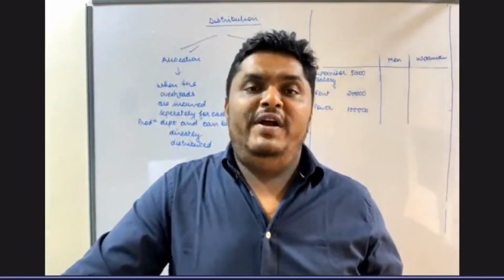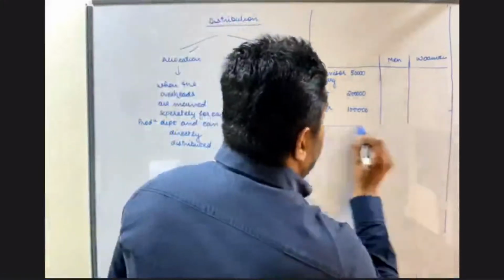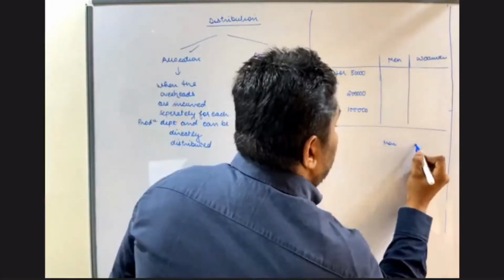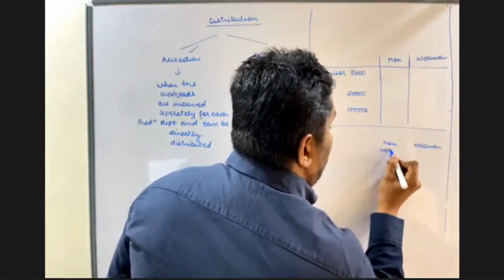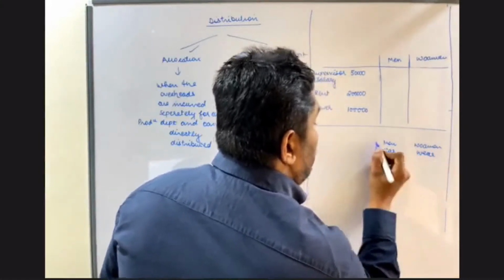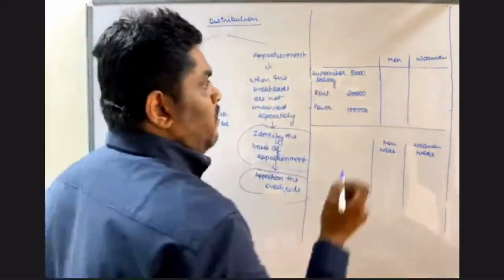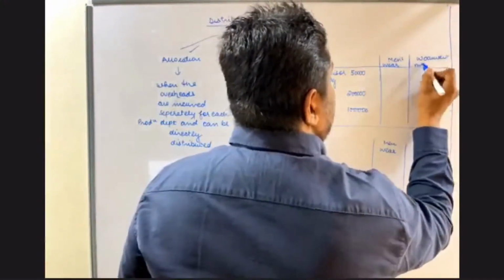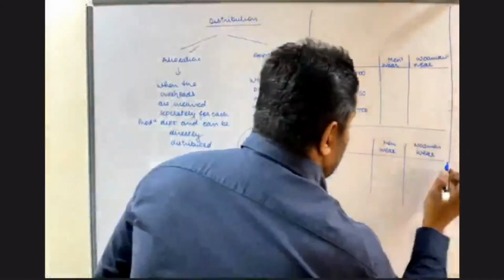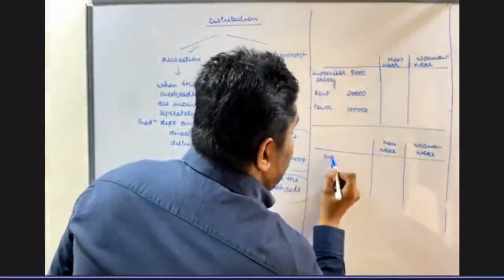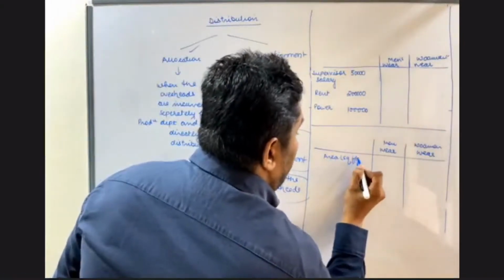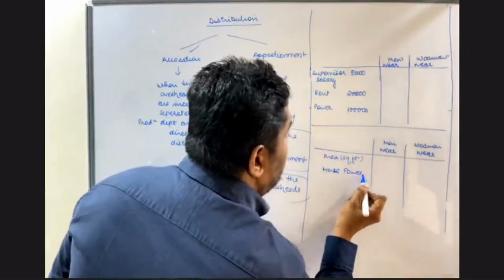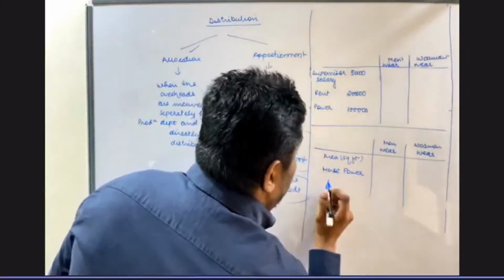Now, further the additional information is given in the question as regards the area in square feet, horsepower, and let's say the number of workers.